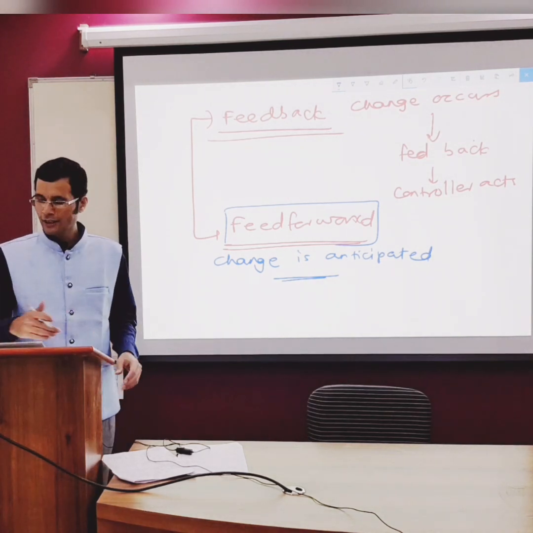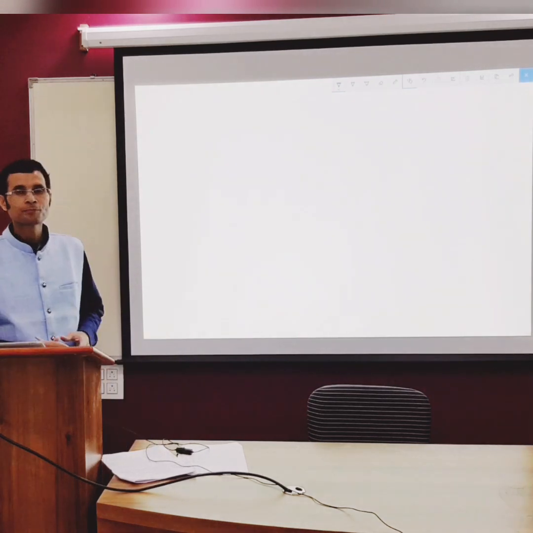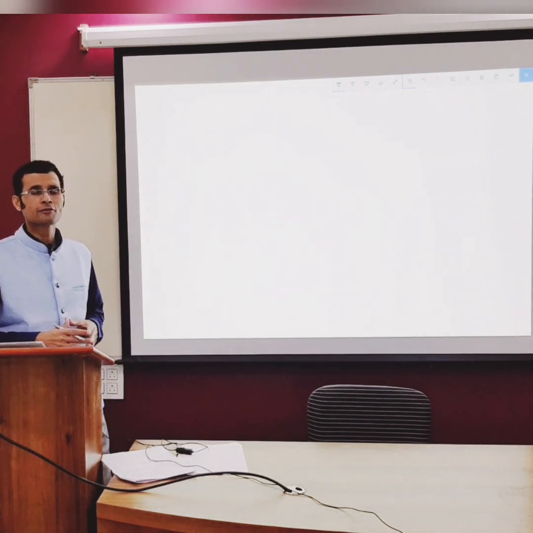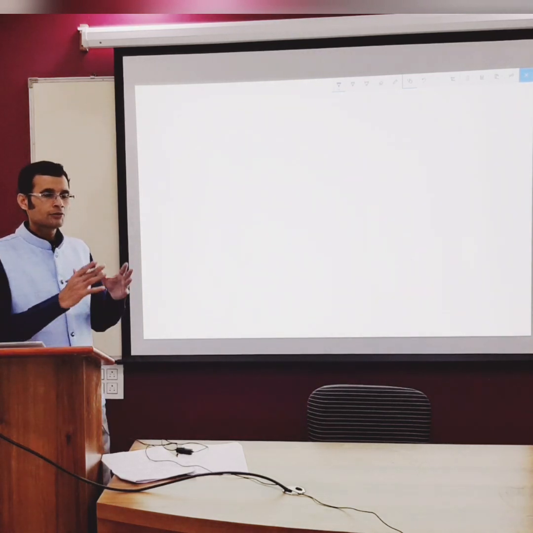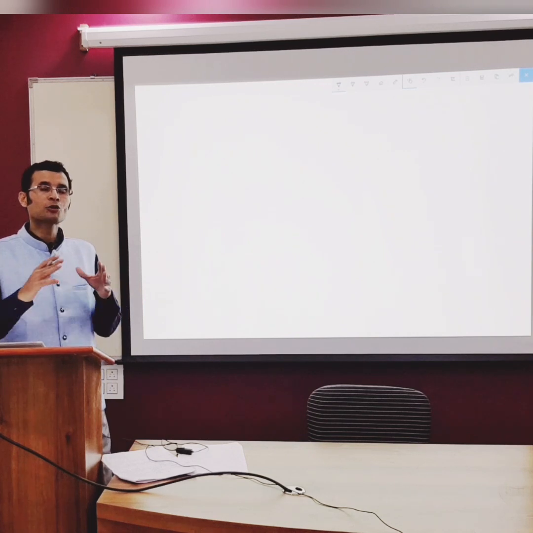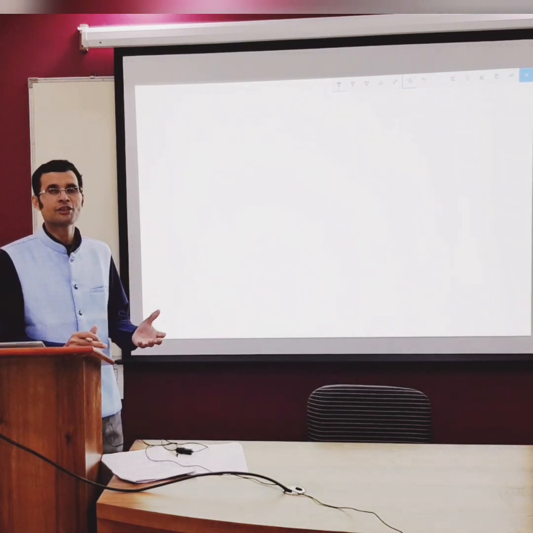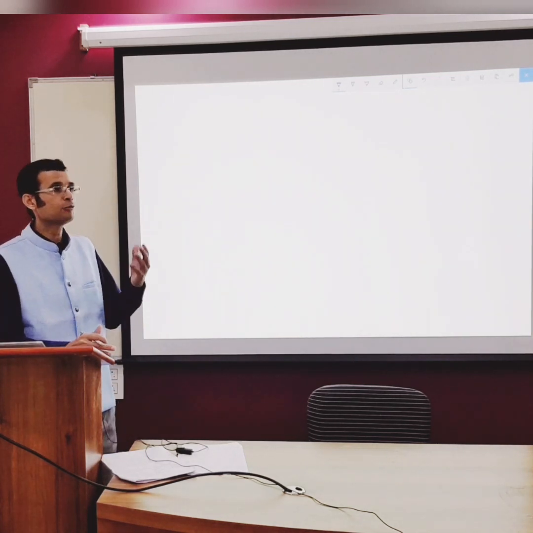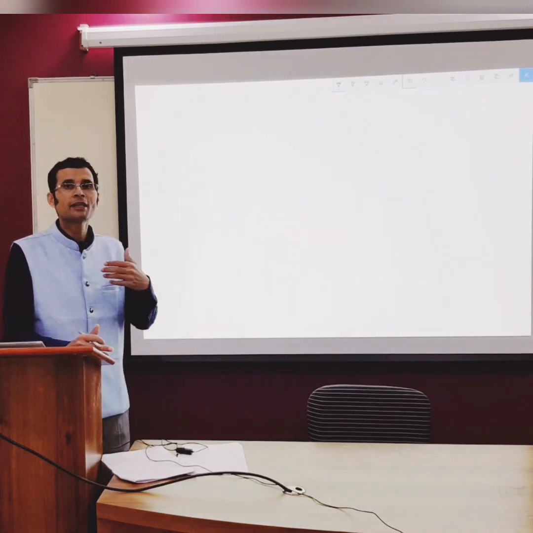Let's understand the examples. Feed forward, common example is cephalic phase of the gastric acid secretion. Just by sight, smell or thought of the food, gastric acid secretion is initiated. That's a feed forward. This is anticipated, that now the food will be taken and food will go into the stomach, and then the gastric acid will be anyways needed.